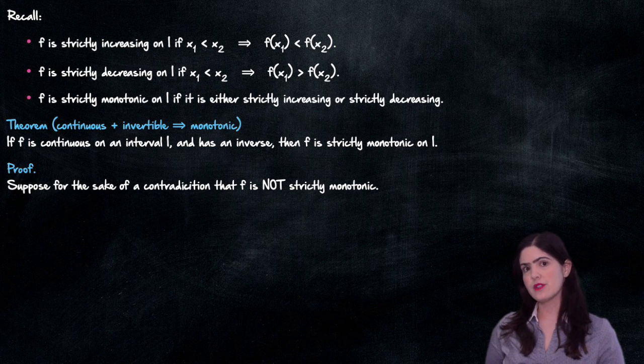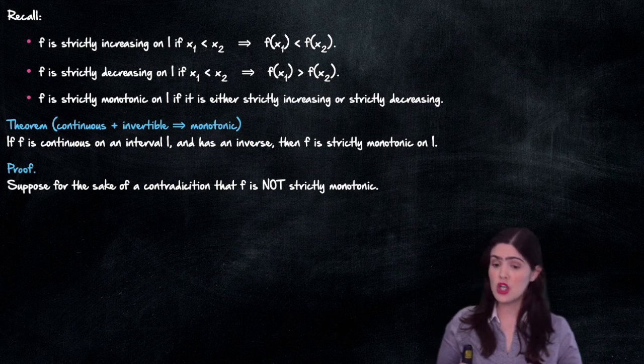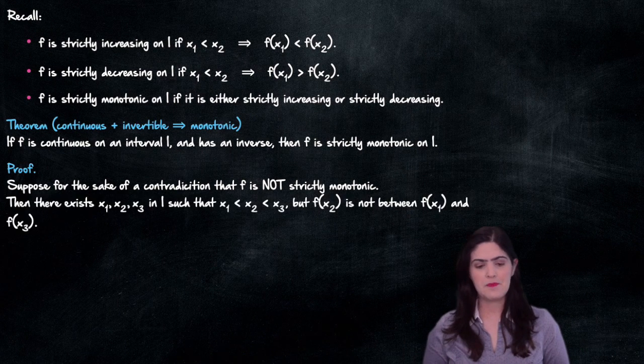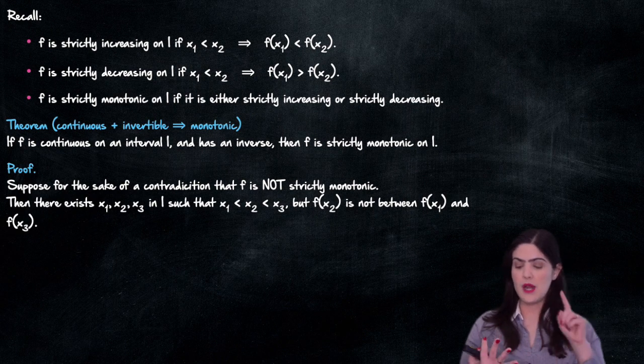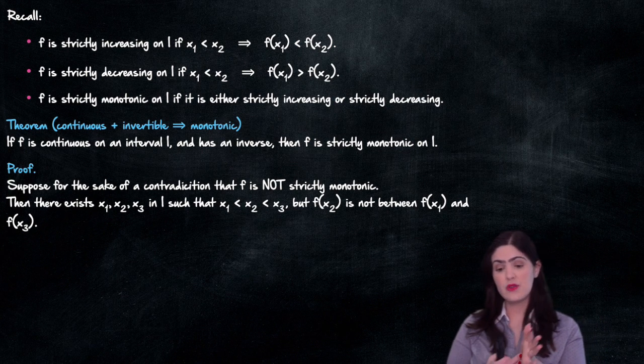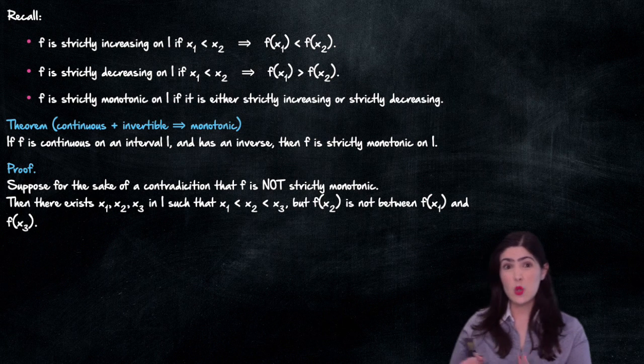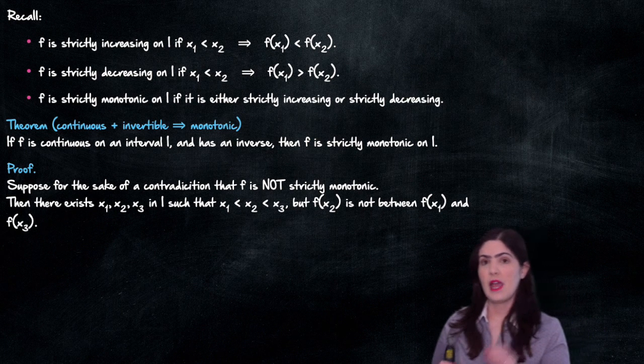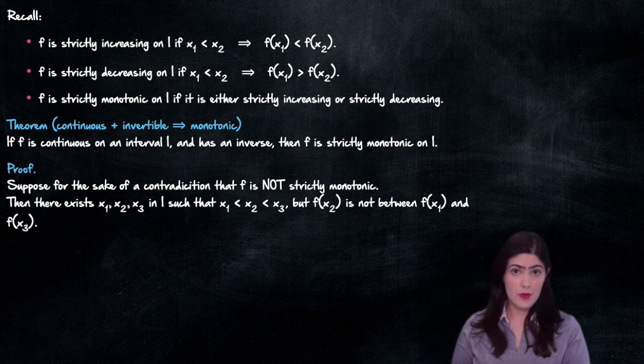Well, we're going to suppose, for the sake of a contradiction, that f is not strictly monotonic. Then there exist 3 points, x1, x2, and x3, such that x1 is less than x2, less than x3, but f of x2 is not between f of x1 and f of x3, right?